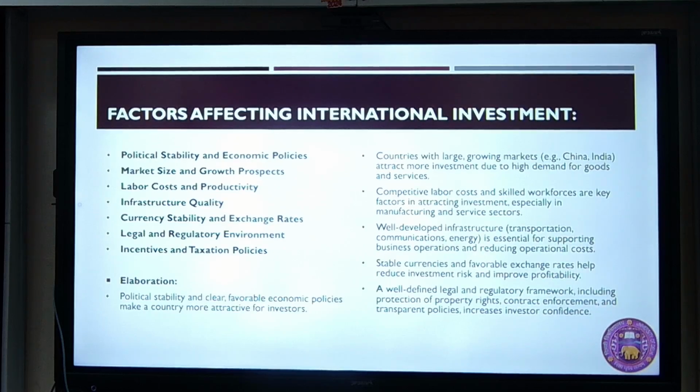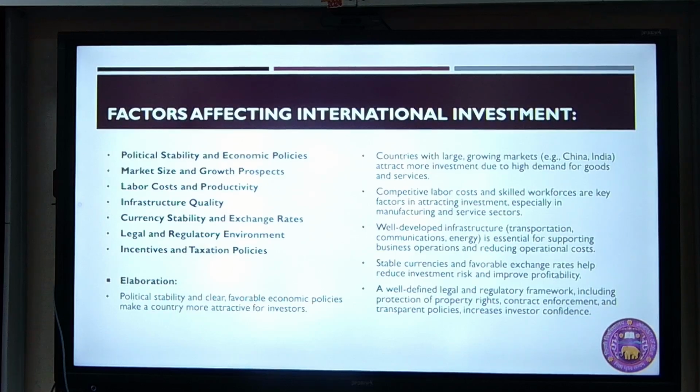Everyone is becoming middle class and is having higher expectations, so they are having more aspirations. They would like to demand more and consume more kinds of things. So market size, growth prospects, along with political stability, economic policies will impact foreign investment.